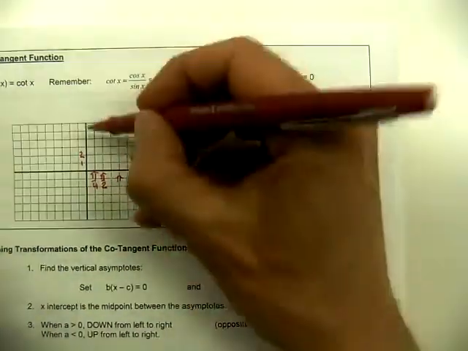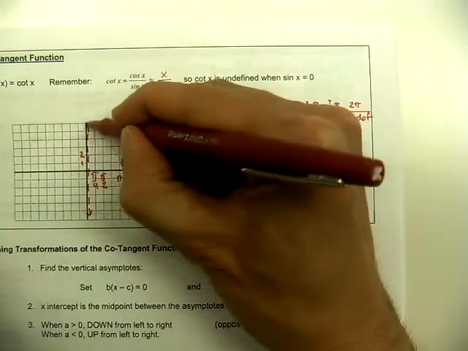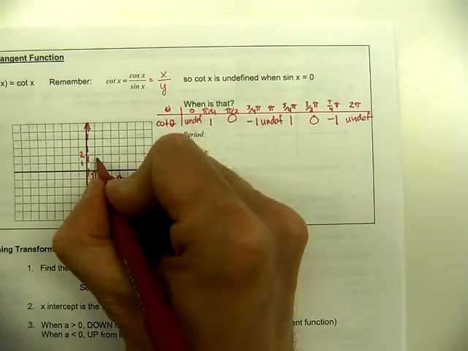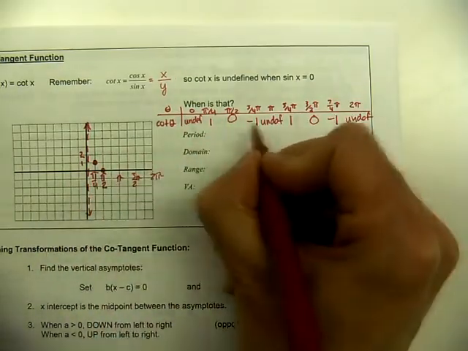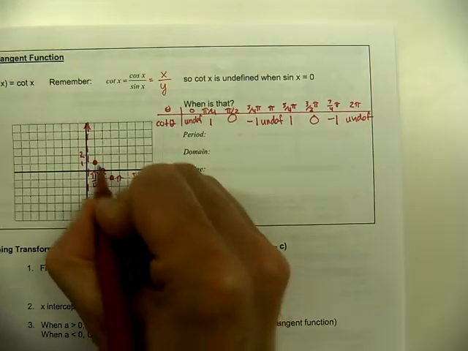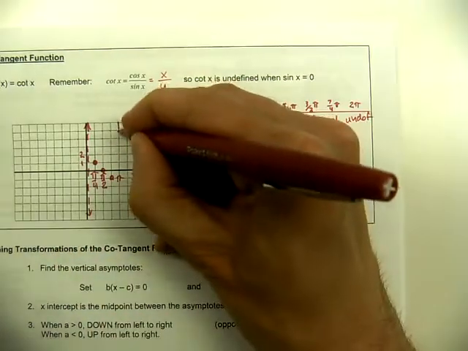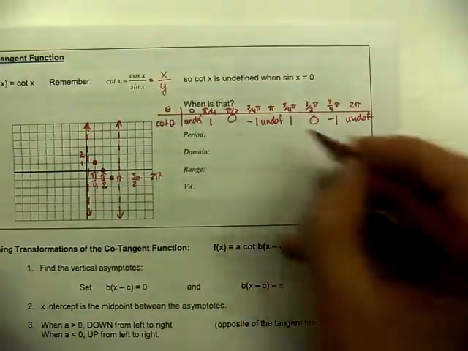All right, so undefined at 0. Pi over 4 is 1. Pi over 2 is 0. 3/4 pi, which is right here, that's at negative 1. So those are the descending points, and then pi is another vertical asymptote. And then the pattern repeats itself.